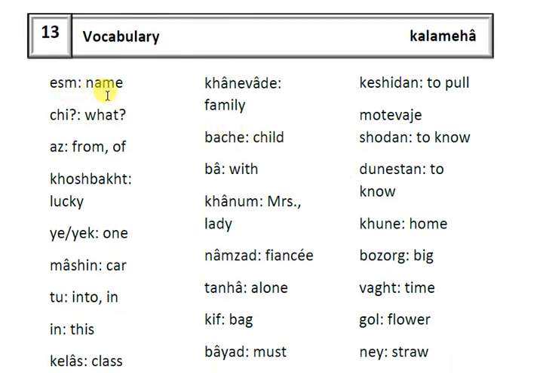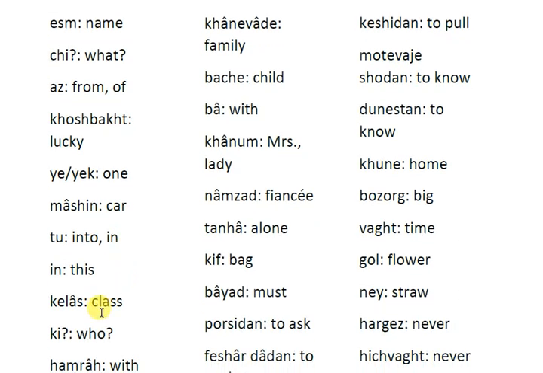The first one is اسم. چی means what? چیه, what is it? از. خوشبخت. یک means one. ماشین. این. کلاس. کی. همراه means with. خانواده. بچه, child. با. خانوم. نامزد. تنها. کیف.